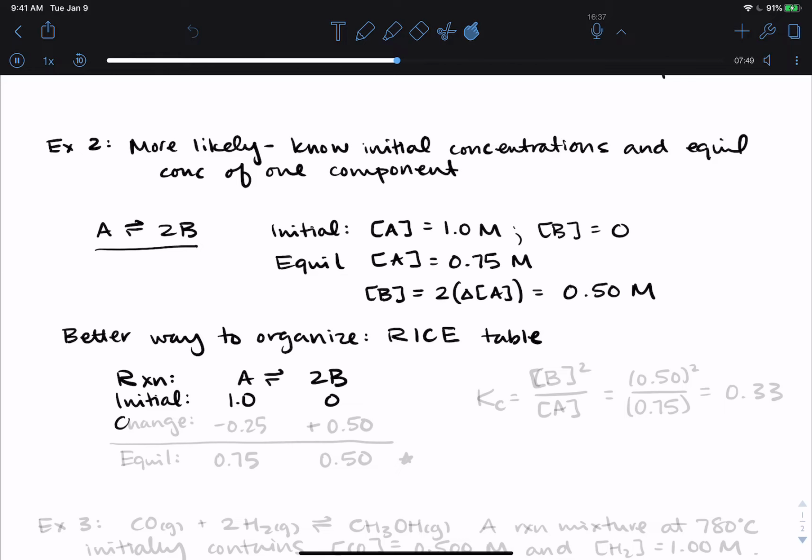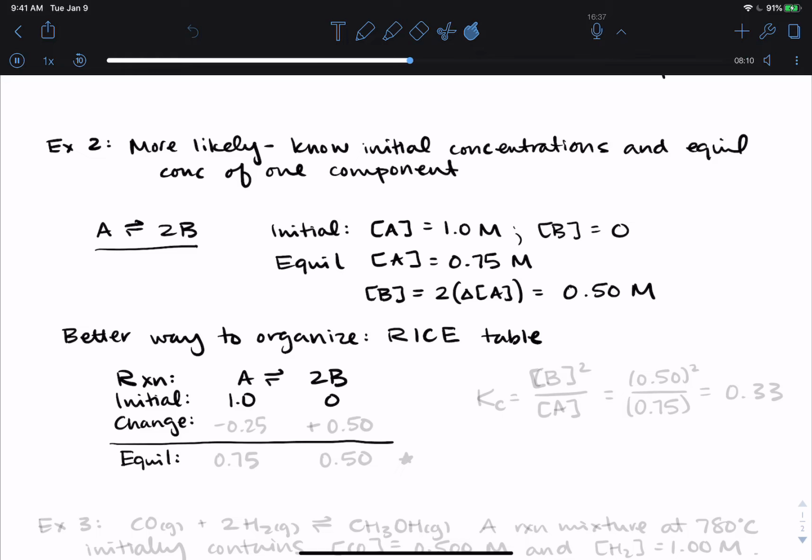The next row will be for the change. And then the last row, I'm going to leave a little space, and you'll see why, is for the equilibrium conditions. I leave a little space because I like to put a line here, because we'll be able to add these columns up just like it is a math problem.